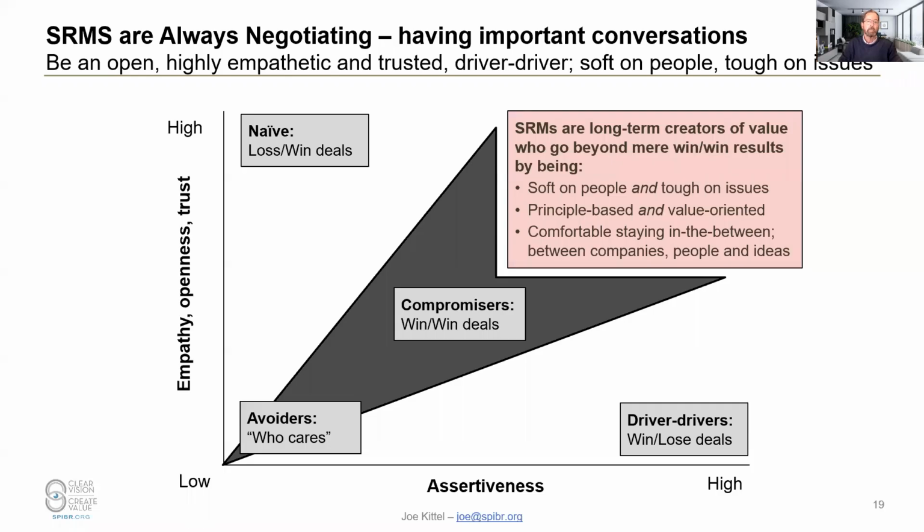Many businesses expect an SRM to be a negotiator, and that they are. They're always having important conversations. However, given their alliance is about the long-term creation of value, even formal negotiations have to be redefined.